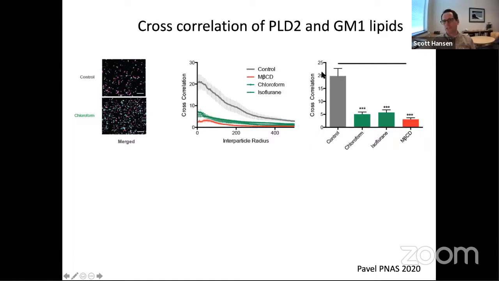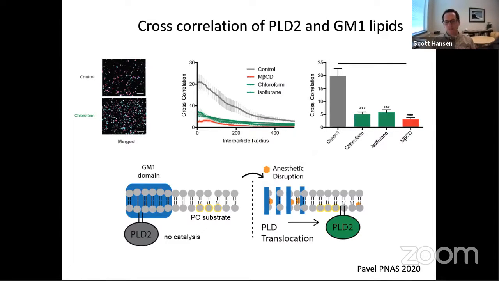This is just a statistical calculation at 5 nanometers. So we conclude from this that PLD is associated, but when you add an anesthetic, it's leaving this raft and presumably going to PIP2 domains, where we had seen it go before. Remember, these rafts are actually getting larger in size and more of them, and yet PLD is still leaving. So that was significant to us.